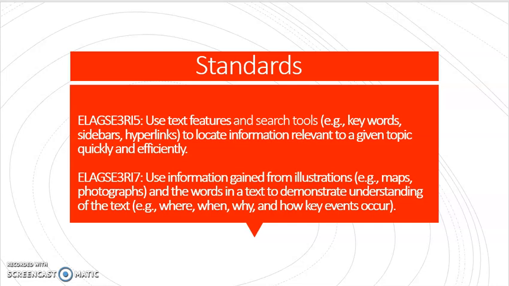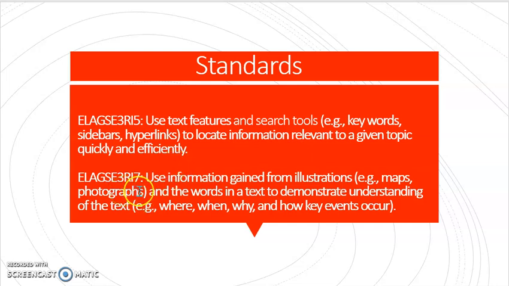Boys and girls, our standard today is RI 5, which reads, use text features and search tools, such as keywords, sidebars, and hyperlinks to locate information relevant to a given topic quickly and efficiently.